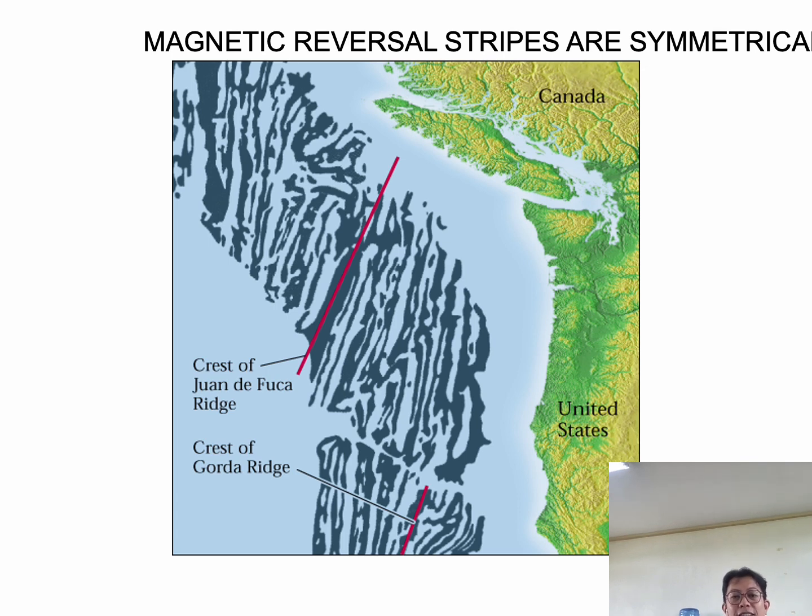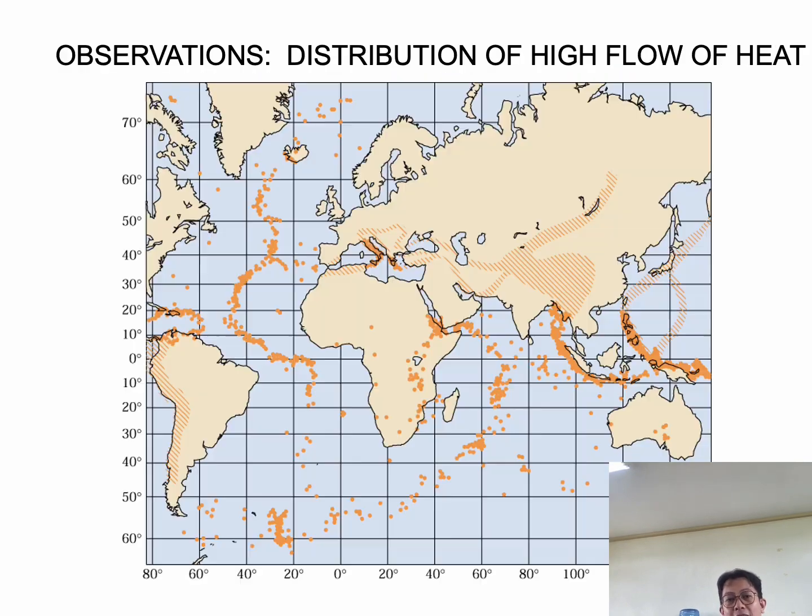Alright, so for example, we have the crest of Juan de Fuca. It's a ridge. Okay, so the plates involved here are divergent because they are separating. We can see, using the satellite, these magnetic reversal stripes which are symmetrical. Okay, and this is a very good evidence that our seafloor is spreading.